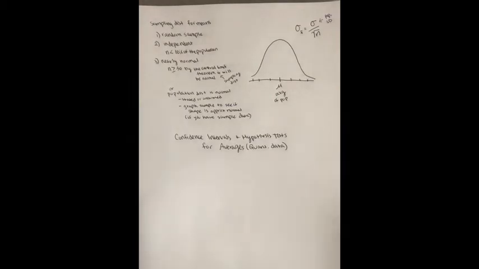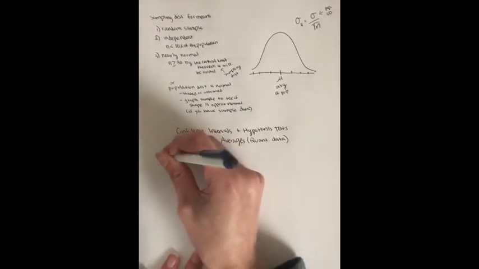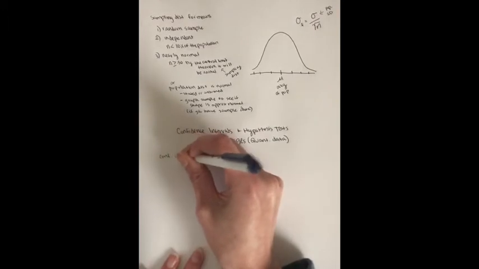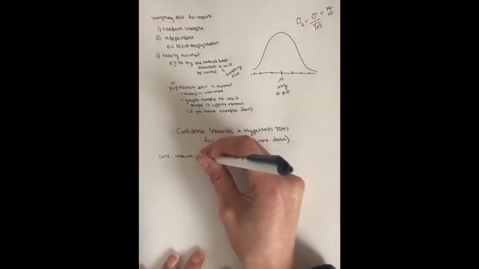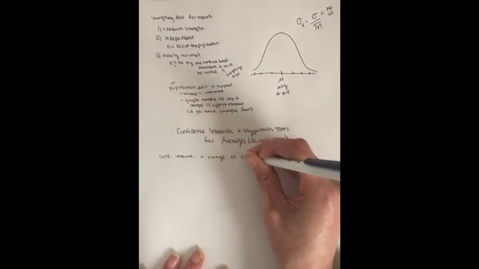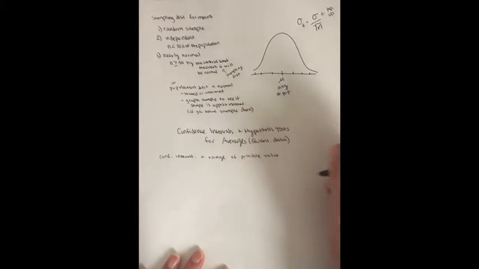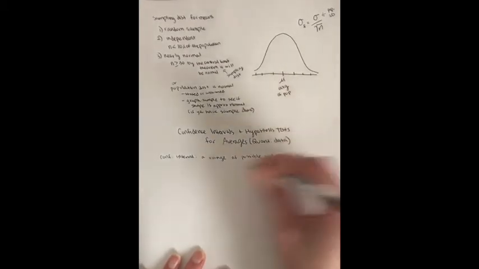Okay, so if we remember a confidence interval from back in the day is a range of possible values. A range of possible values for the population statistic.